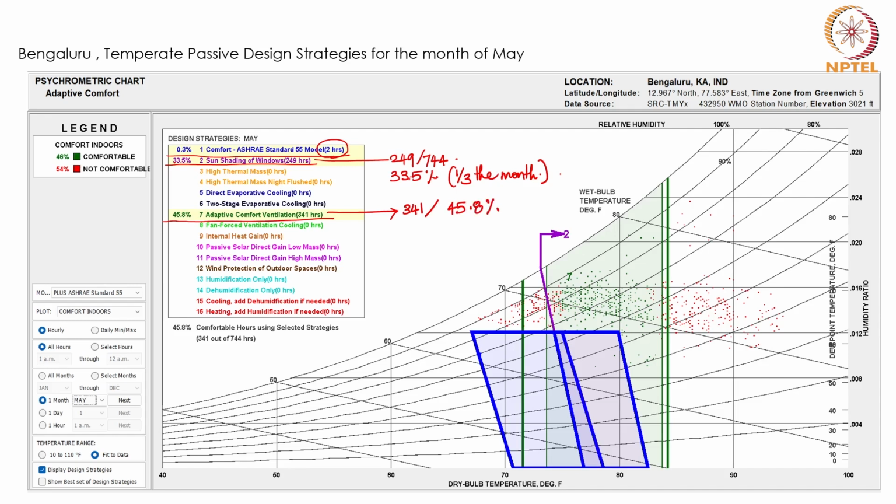So, using only passive strategy, 45.8% of the month of May, or 341 hours, becomes comfortable, whereas 54% would still remain not comfortable. And what should be done to convert this not comfortable into comfortable? We will see next.